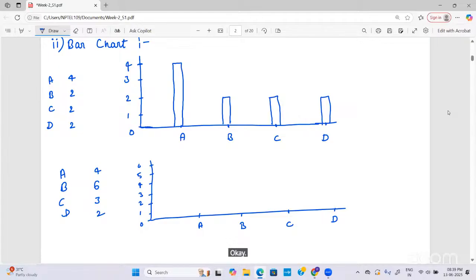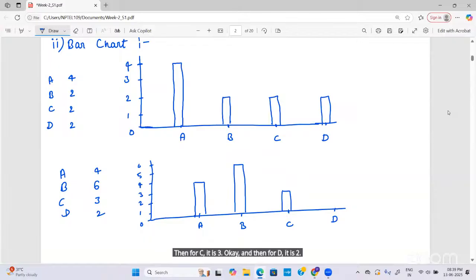A is 4, so this is the bar for A. For B it is 6, so this is the bar for B. For C it is 3, and for D it is 2. This is how we make the bar chart.